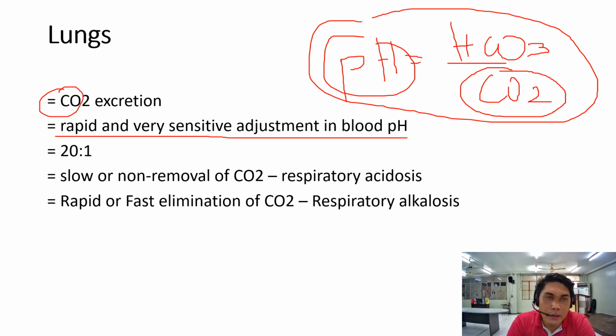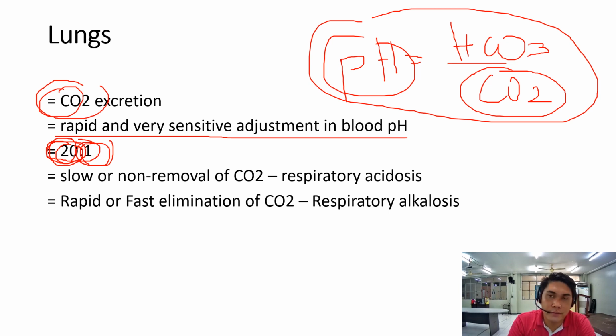Okay, so the lungs maintain a 20:1 ratio between bicarbonate and carbonic acid via excretion of CO2. So 20:1, 20 bicarbonate, 1 carbonic acid.